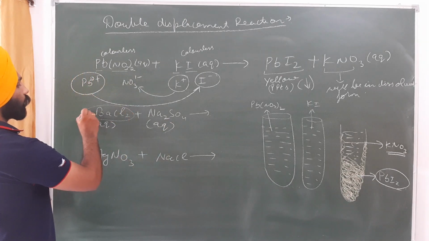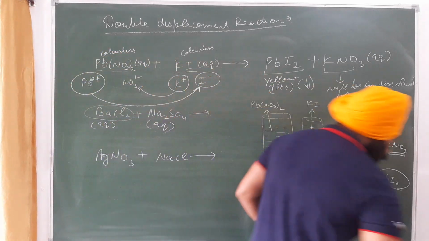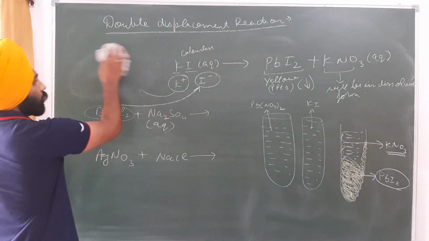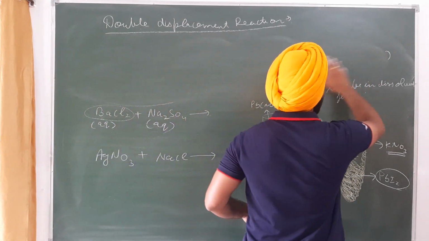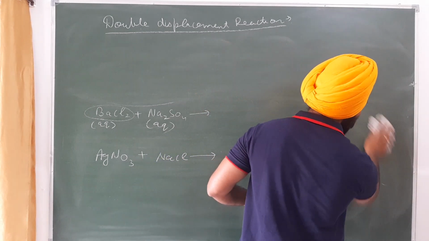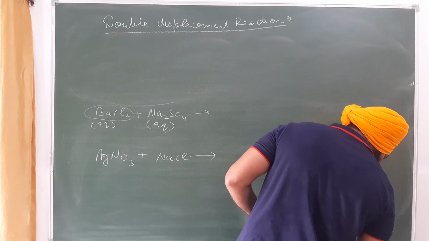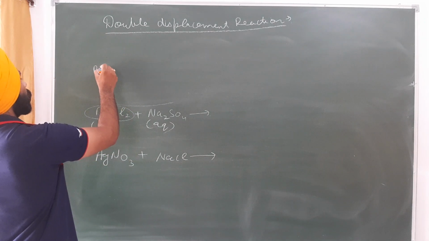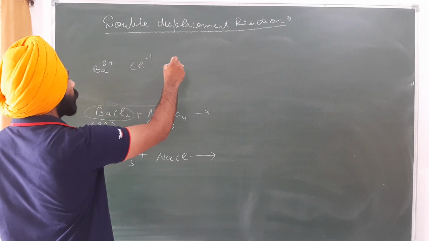This is barium chloride, and this is sodium sulfate. So barium chloride reacts with sodium sulfate. Let us take the phenomena: barium will behave like Ba2 positive, chlorine will behave like Cl1 negative.